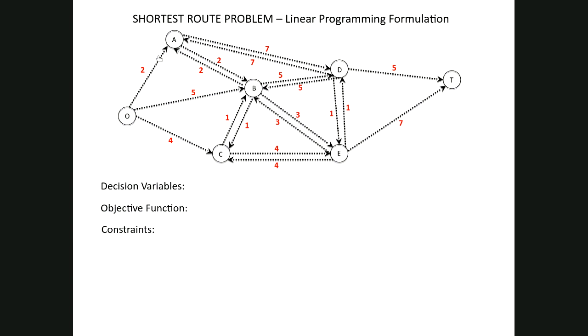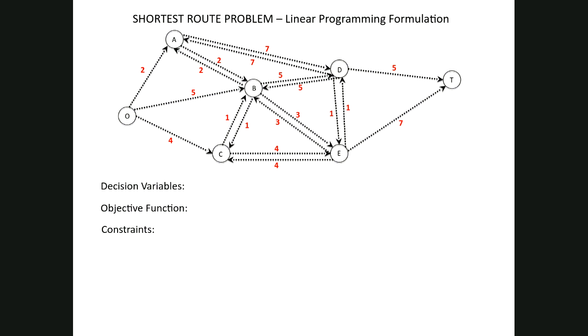So now we're going to use linear programming, and hopefully what you can see and visualize is this is exactly the same structure as our transshipment problem. Hopefully you'll be able to determine quickly how many decision variables we have and how many constraints we have.